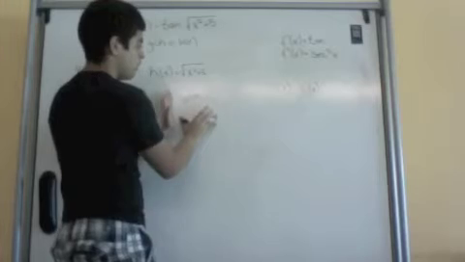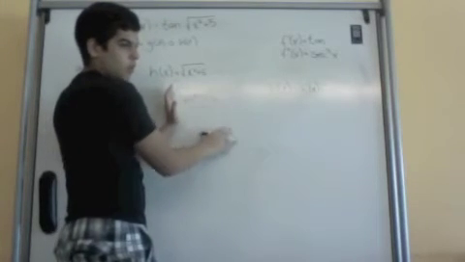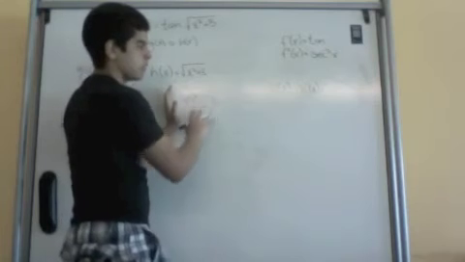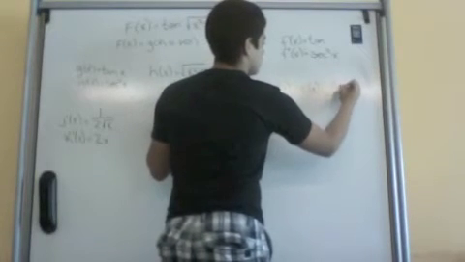So the derivative of j of x composed of k of x, or j prime of k of x.